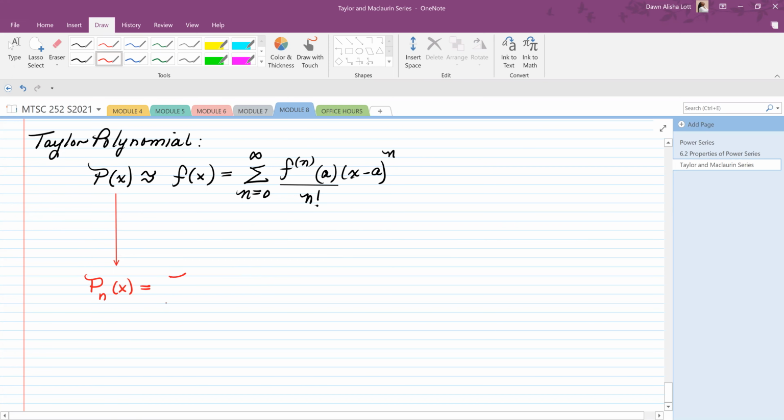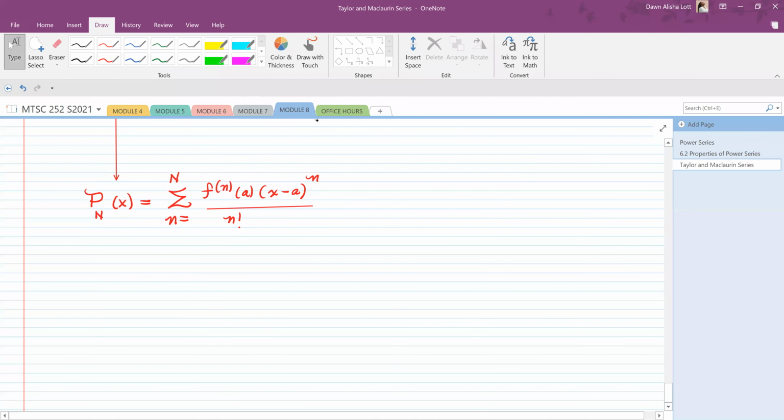It's the sum n equals 0 to capital N of the nth derivative at a times x minus a to the n over n factorial. Okay, so what do I mean by a Taylor polynomial, or a polynomial that approximates a function?